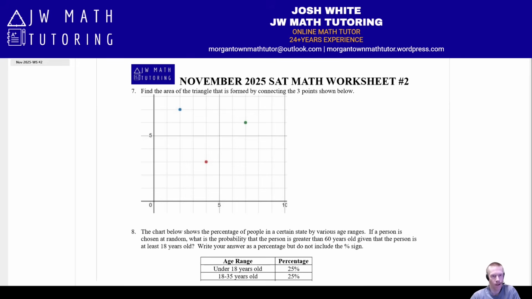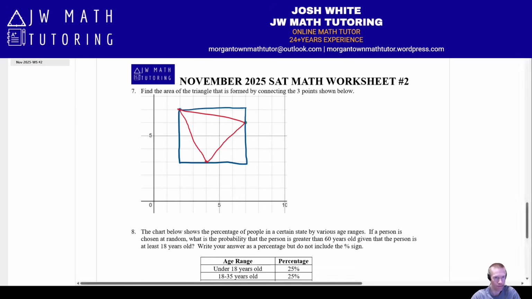Instead, I would say the easiest or most common approach is to make a giant rectangle which encompasses the triangle here. And the way I'm going to do that is basically go over like this. Okay, and then the actual triangle we want the area of is this red one.